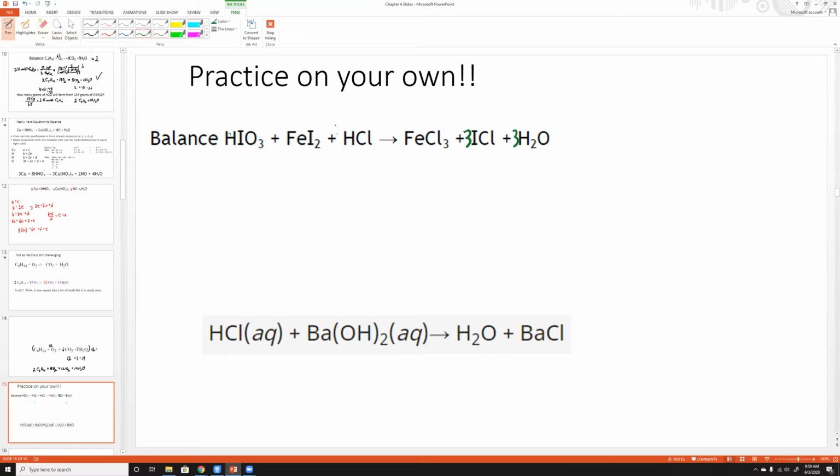Put a 6 there. Then we have 6 chlorine, 6 chlorine. Now hydrogen, you have 7 and 6. I don't even think you can solve this traditionally. Yeah, that's what we're getting to. We have to use the coefficient method. All right, let's do that.